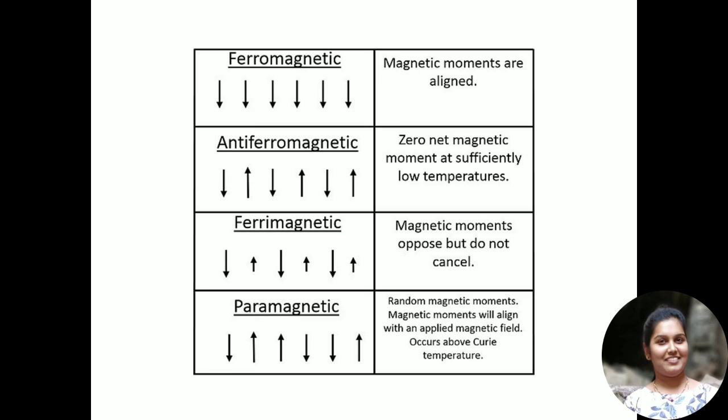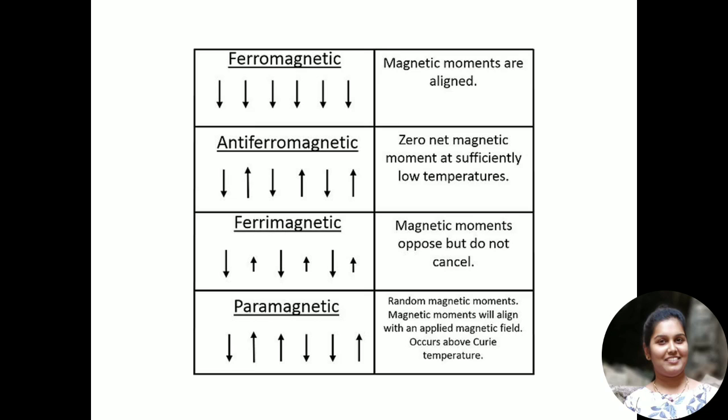So these are the four basic points to be kept in mind while dealing with magnets: the same alignment is ferromagnetism; zero net magnetic moment is antiferromagnetism; magnetic moments that oppose but do not cancel is ferrimagnetism; and random magnetic moments are shown in paramagnetism.